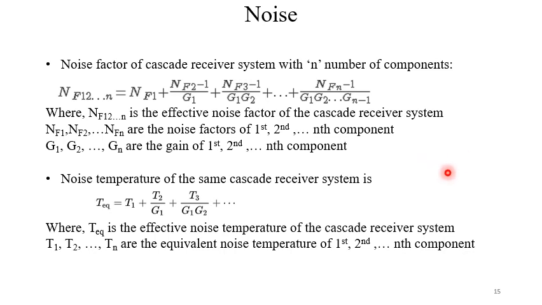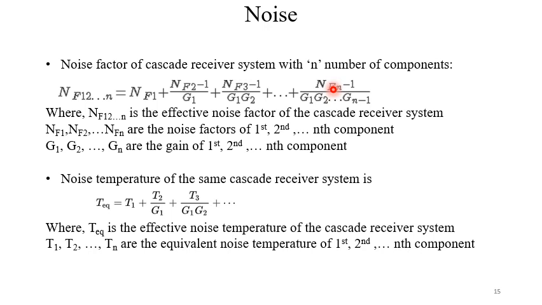Now in the previous slide we have discussed the noise factor of a particular system. If a number of components are cascaded together to form a system, then we have to calculate the overall noise factor, or overall noise temperature, or the overall noise performance of that whole system. So if we have n such components cascaded together, then the equivalent noise factor can be written as NF1 plus (NF2 minus 1) divided by G1, plus (NF3 minus 1) by G1 G2, and so on.